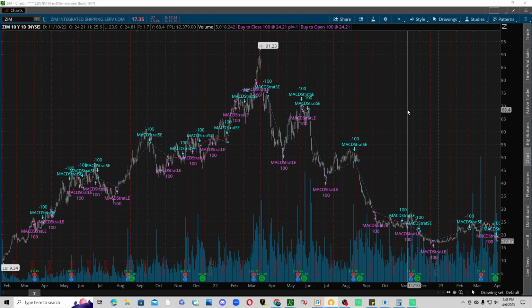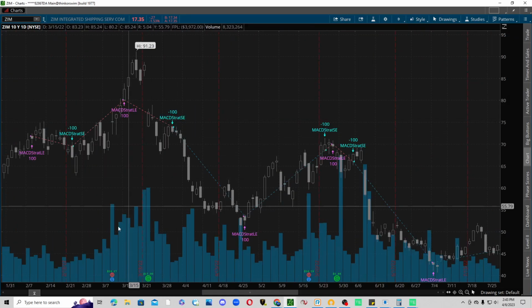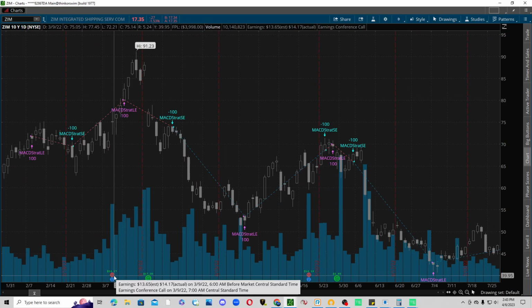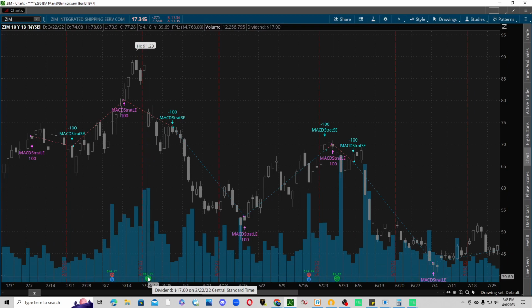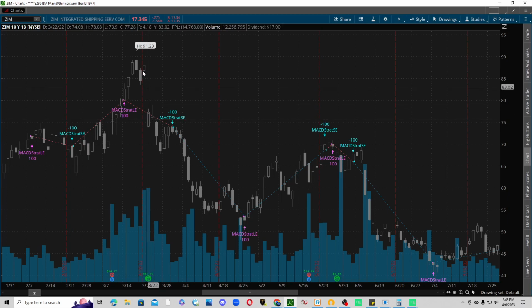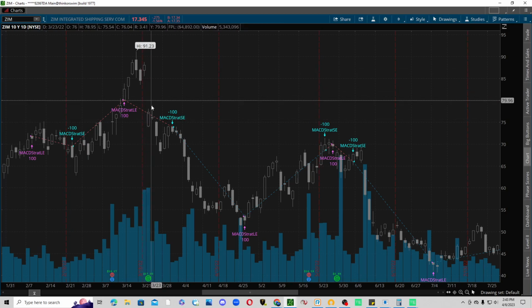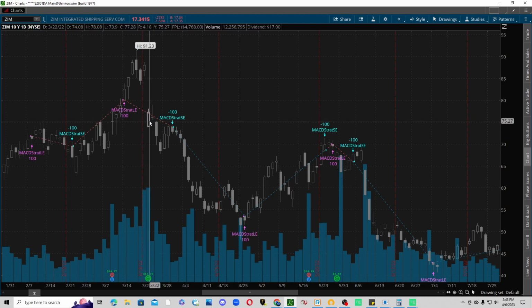For example, if we look at this chart, most of the big movements that we see are at earnings. Well, actually, sorry, no. In this case, they're all at dividends, because this company pays out a huge dividend. So the stock goes ex-dividend here, right? This is the date of record, ex-dividend. And in case anyone doesn't know, basically what this is saying is if you don't have the stock going through the dividend, then you won't get the dividend.